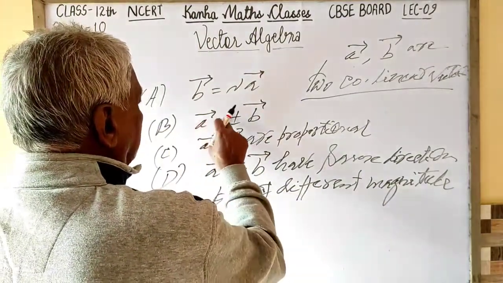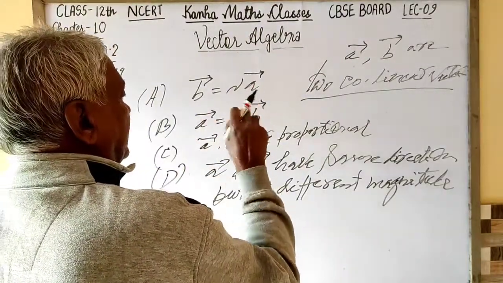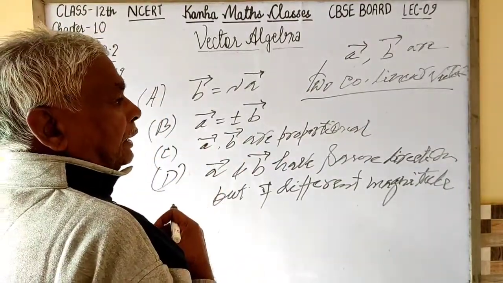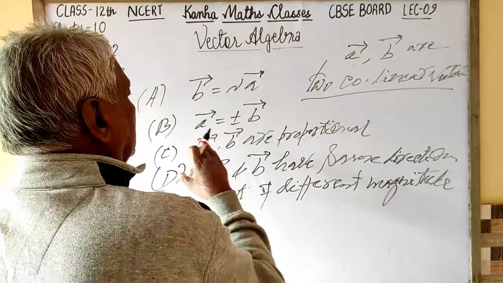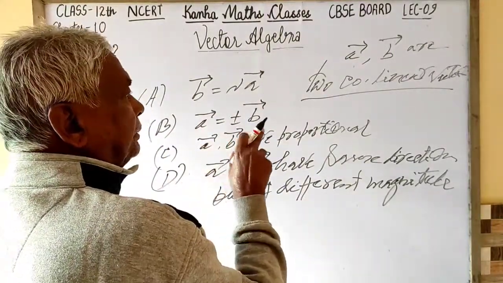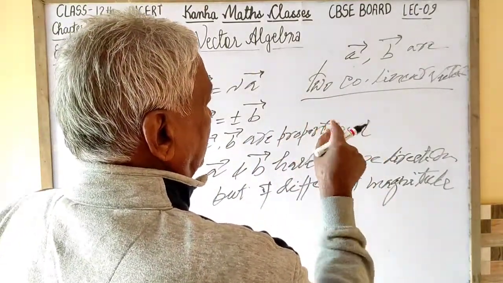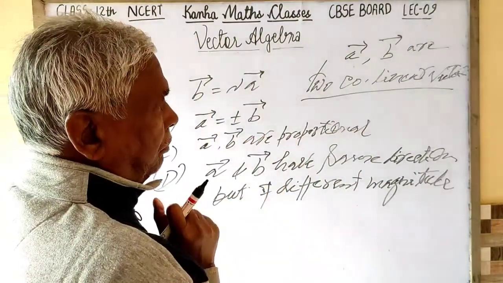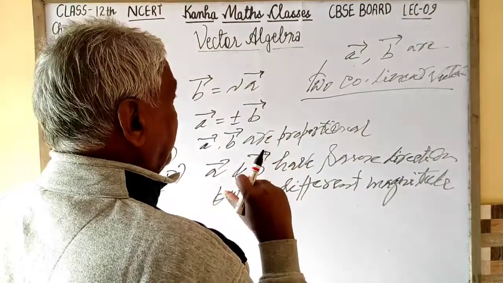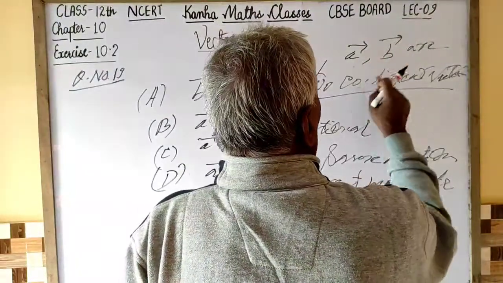Vector A is equal to plus minus vector B. This also may be correct because it is parallel in direction but different in magnitude, by virtue of the definition of collinear vectors.